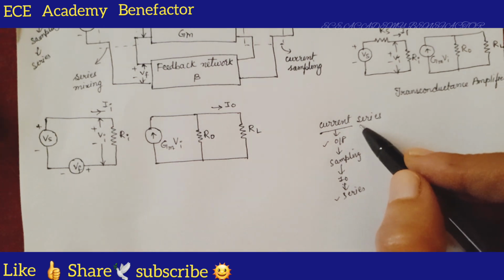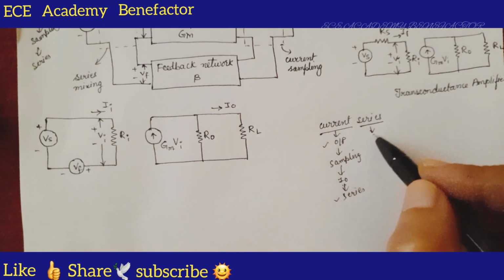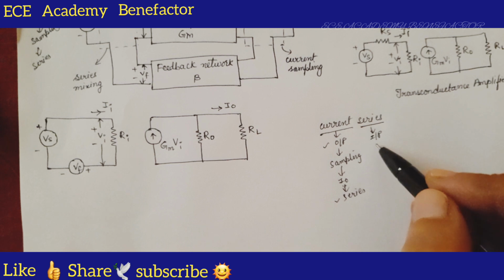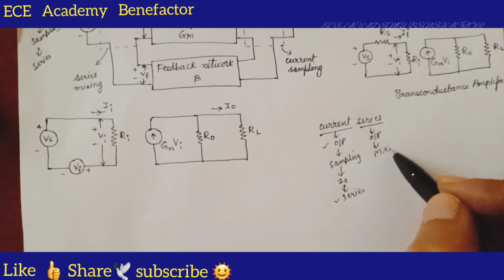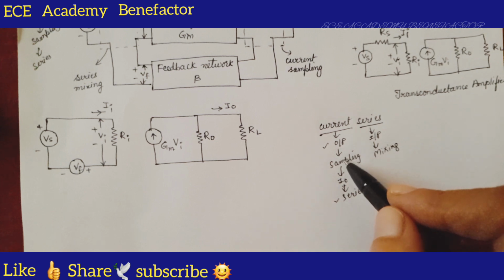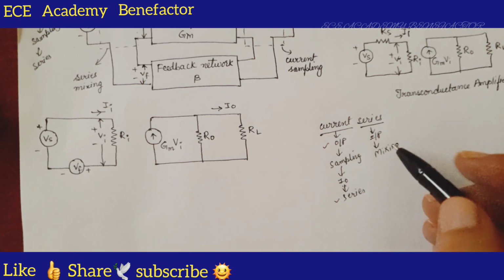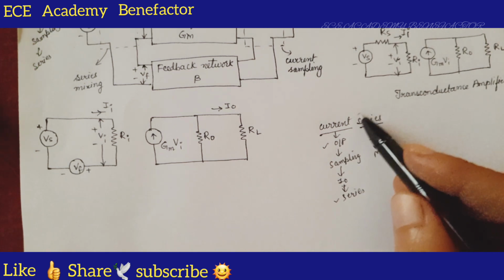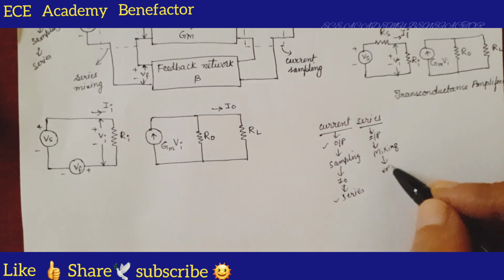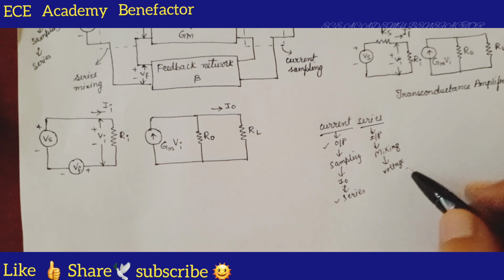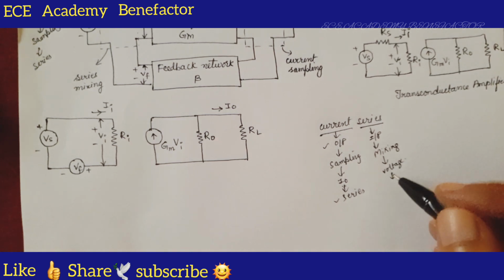And at the input side, the second word tells about the input. What is done at the input side? Mixing. At the output side we do sampling, at the input we do mixing. If input is series mixing, what parameter is mixed? It is voltage. So, what is the input parameter?